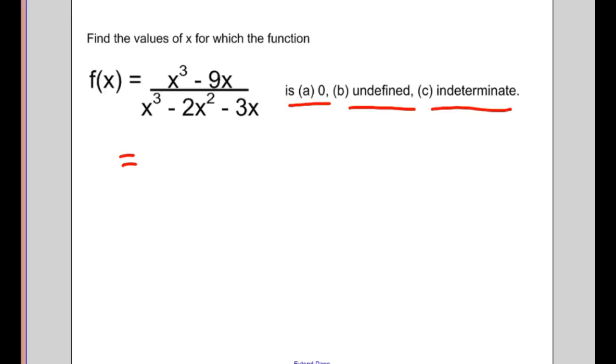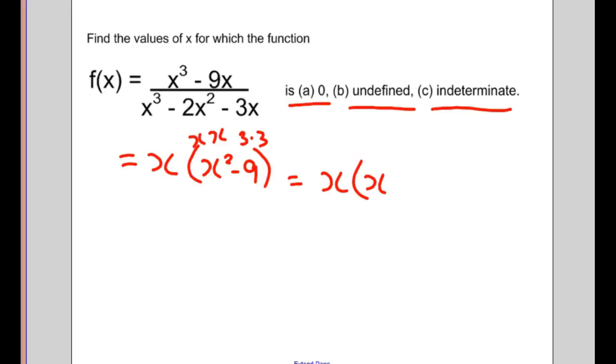I can take a common x out of the top, and then I would be left with x squared minus 9. Can I go farther with that one? Yeah, it's a difference of squares. So I still have the x outside, but this is the difference of squares, x and 3 and 3, so I'm going to write them as x minus 3 and x plus 3.